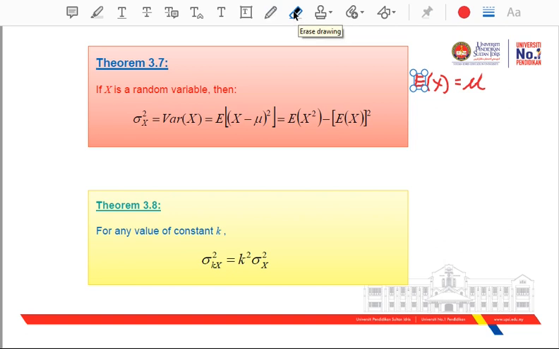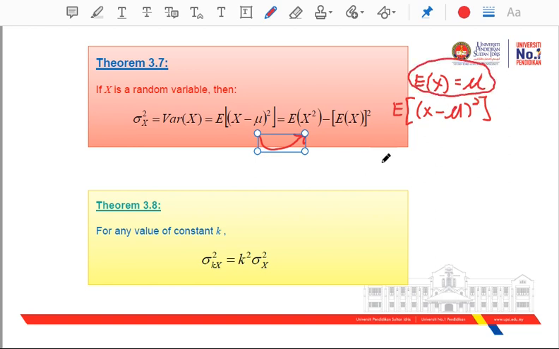So in order to show this, first of all you need to expand E[(X minus mu) squared]. We know that E(X) is actually mu.